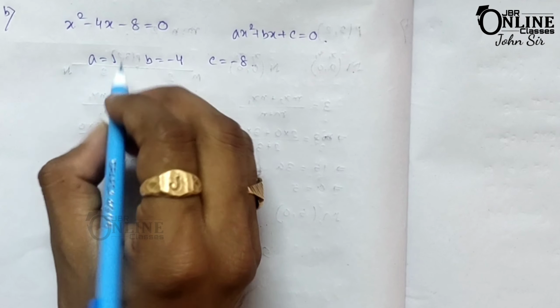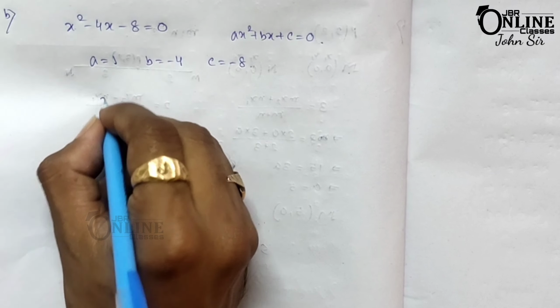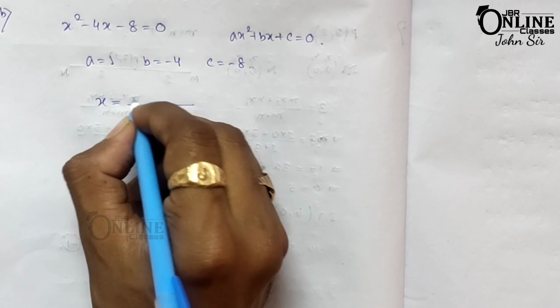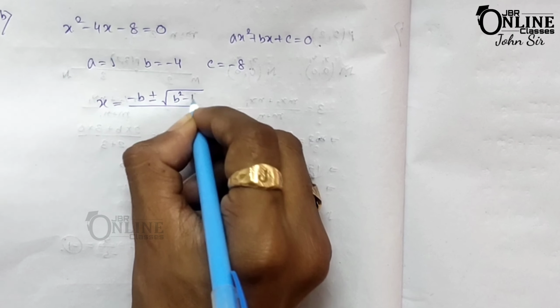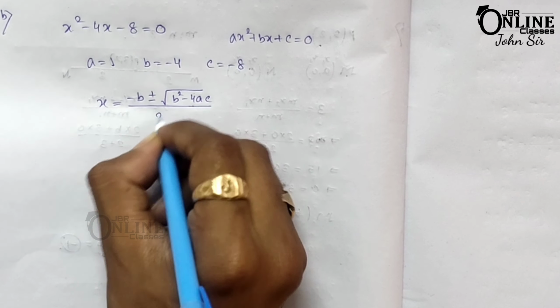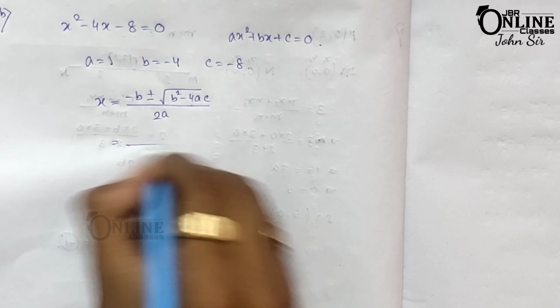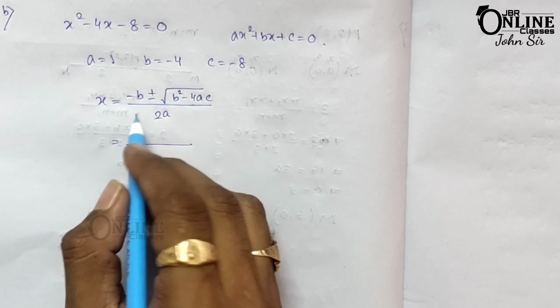Now here we apply the Sridhar-Acharya formula. So here x equal to, first write down the formula, minus b plus minus root over b square minus 4ac divided by 2a. Now put down the values of a, b, c in the respective places.